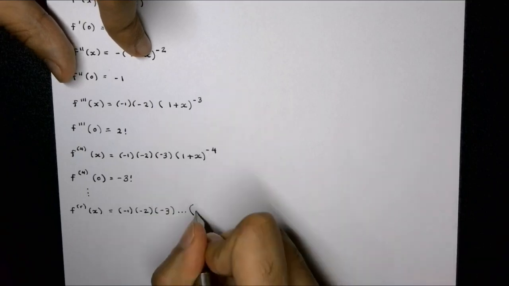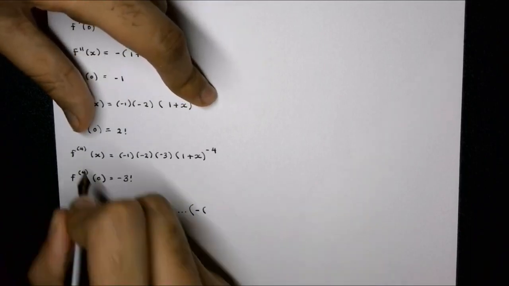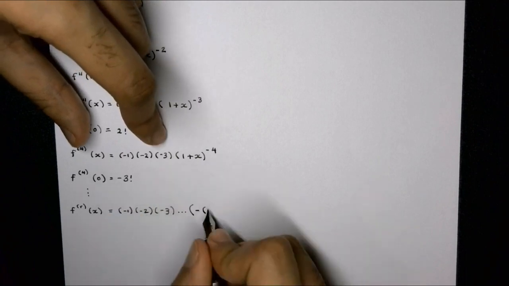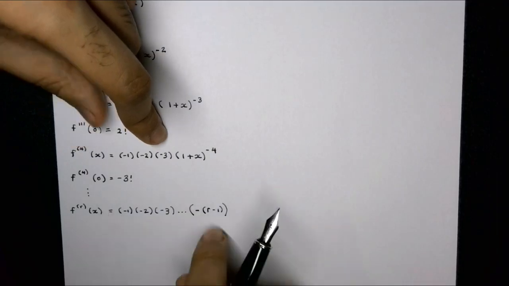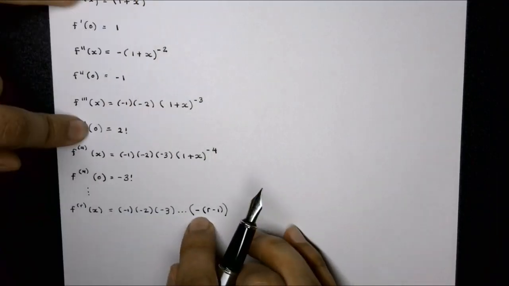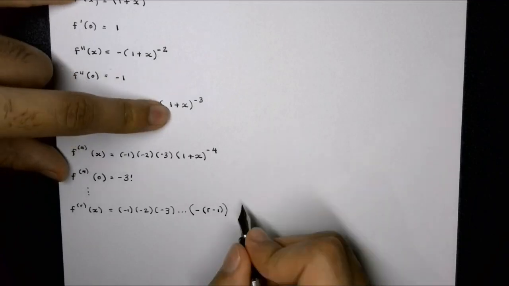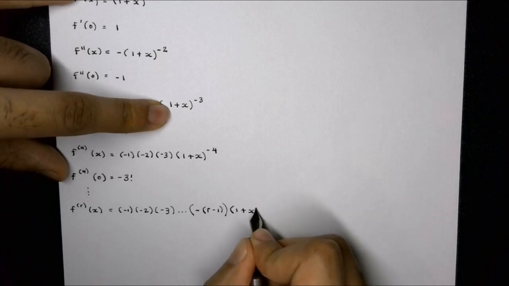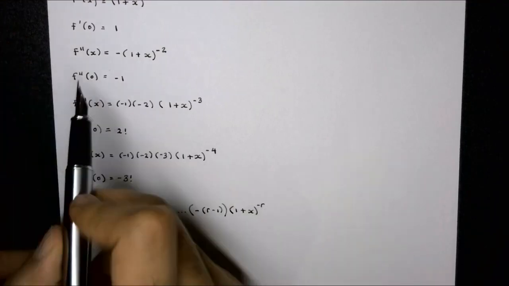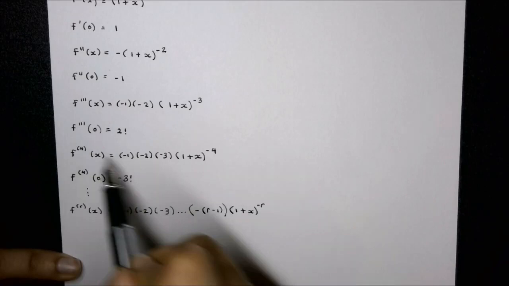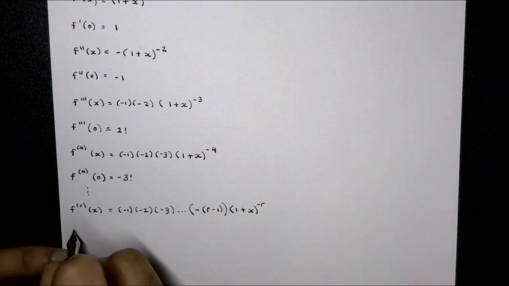Now, if we take the minus over here, and if we look at what r is, you can see we have minus and then r minus 1. And hopefully you can see why this result matches up to the terms shown here. And then we multiply this by 1 plus x to the power of minus r. And that makes sense because for the third derivative we had minus 3, fourth derivative we had minus 4, etc.